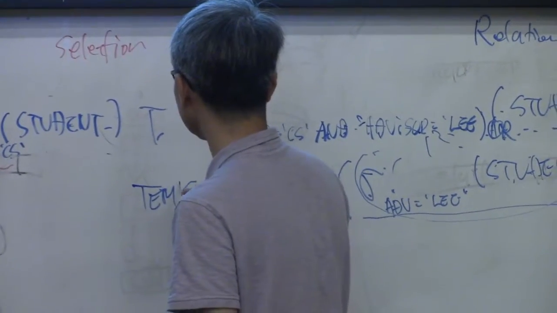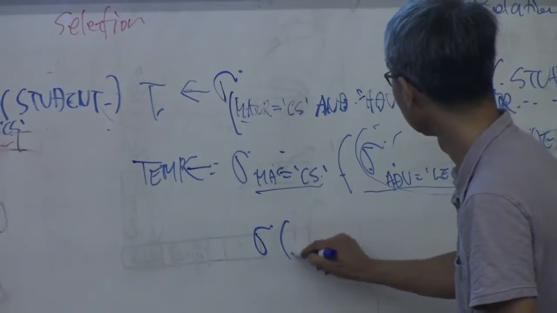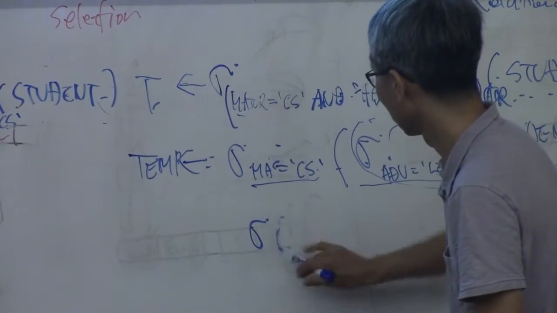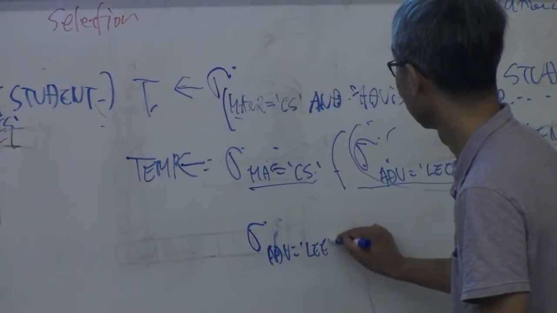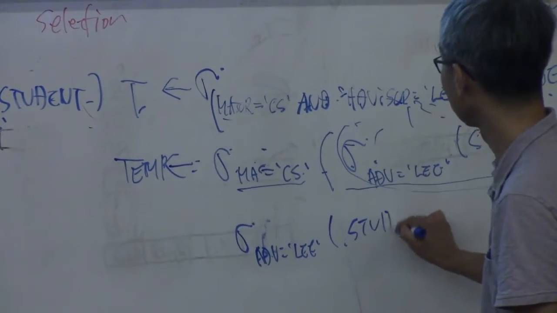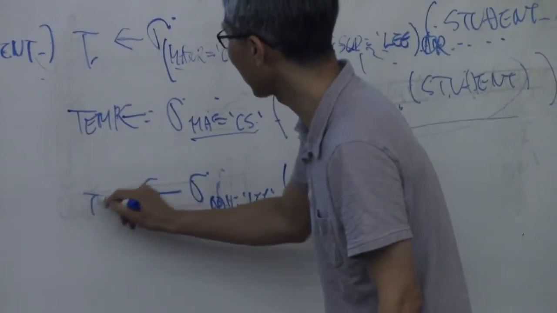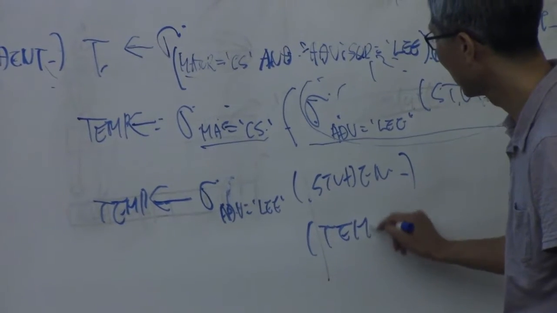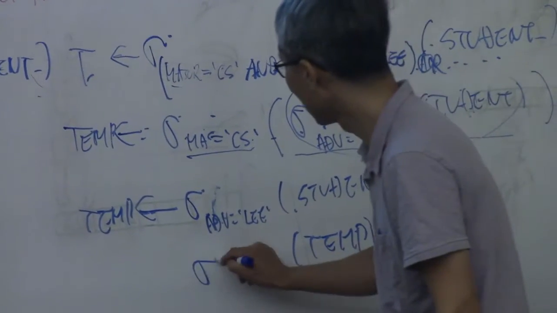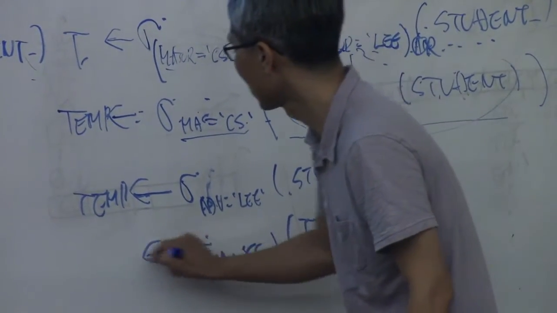You can use supervisor is Lee, student. And it's a temp. Then apply temp to another operation, major is CS, result.